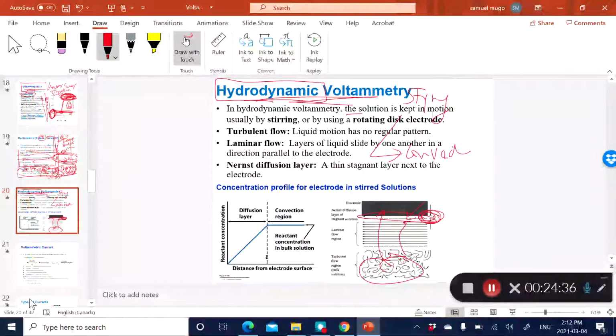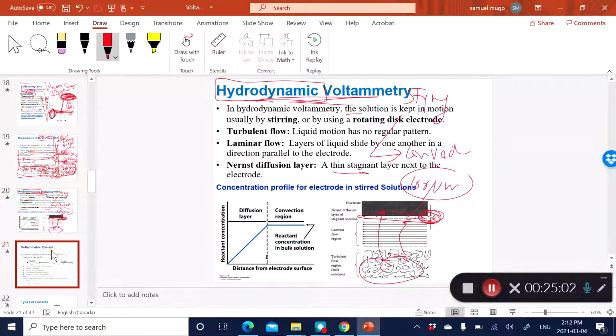The Nernst diffusion layer can be very, very thin, probably around 100 microns. But with hydrodynamic voltammetry, it really helps in assisting the migration of the analyte into the Nernst layer, to improve the limits of detection, and so on.